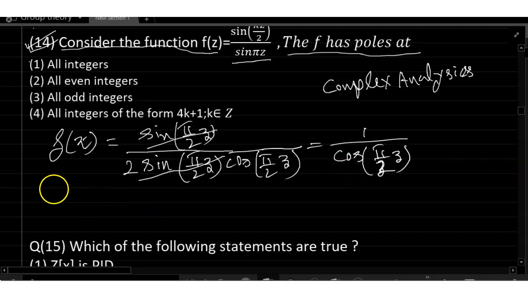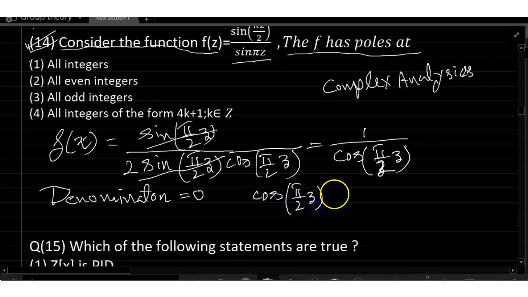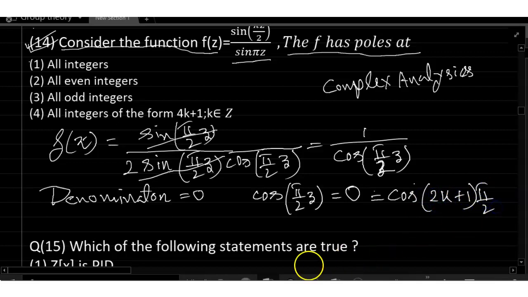So friends, if it is a pole, then the denominator equals 0. So cos(πz/2) equals 0, equals cos((2k+1)π/2).